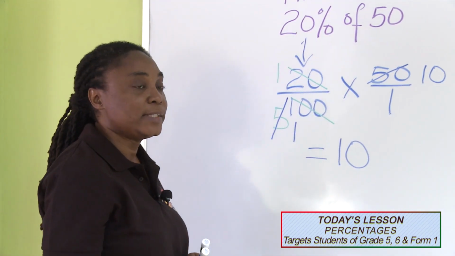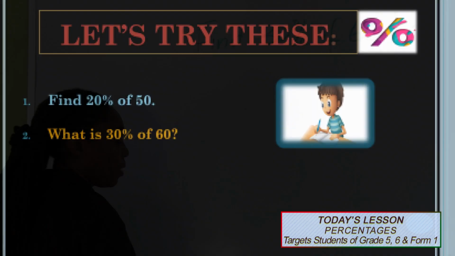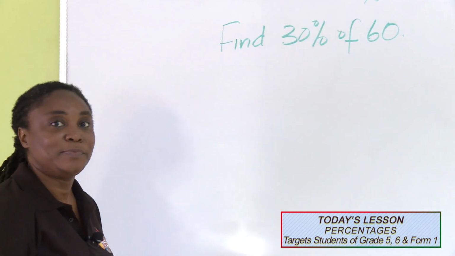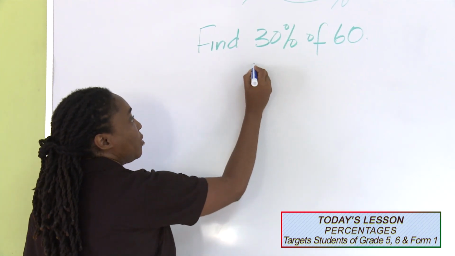Let's go to our second example. For this example, we are finding 30% of 60. We are finding 30% of 60. What's the first thing we need to do? All right, so we're going to change the percent to a fraction.